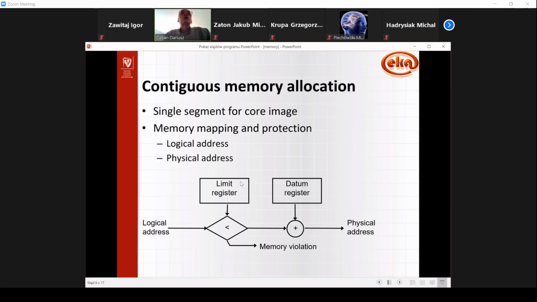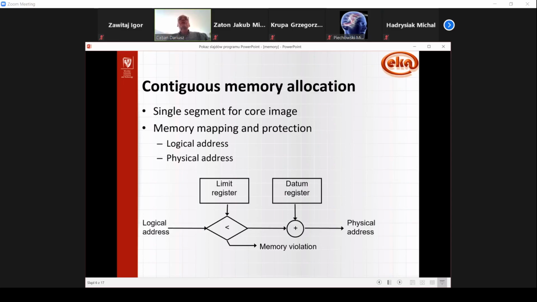What you need to do is set up 2 registers, one which will contain the size of this block of memory that you are allocating to the program, and the other which will contain the beginning.